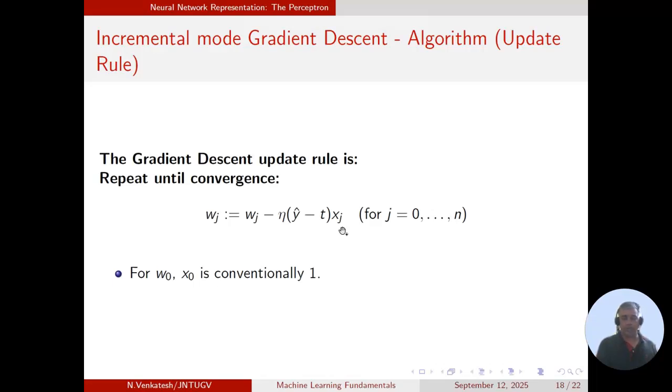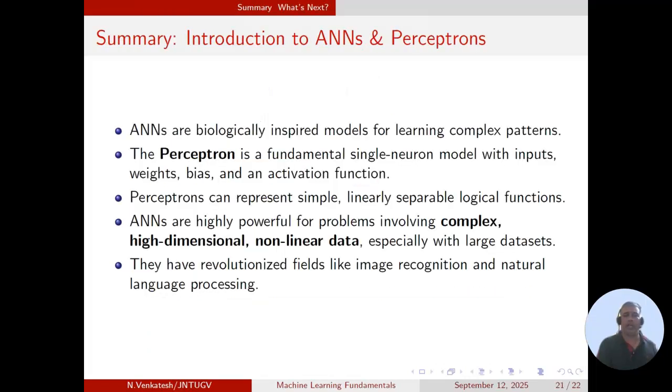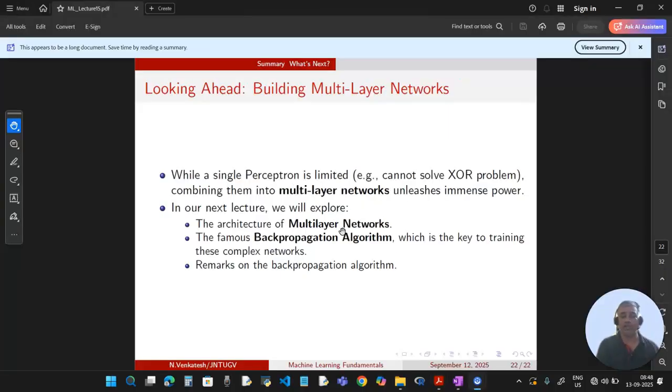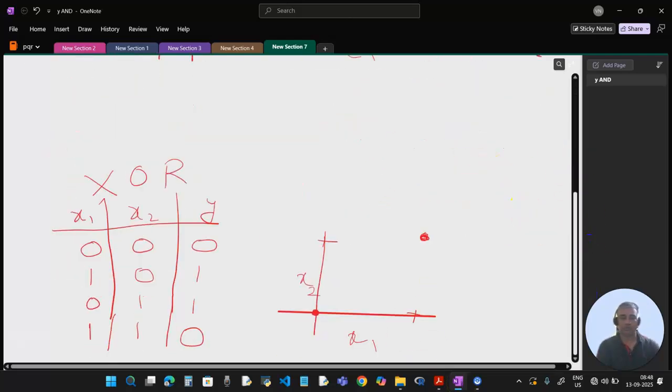Now as we had discussed already, the perceptron can only be used for binary classification problems, and only when the data is linearly separable. Consider a simple example, learning the Boolean function XOR, where you have two inputs x1 and x2.